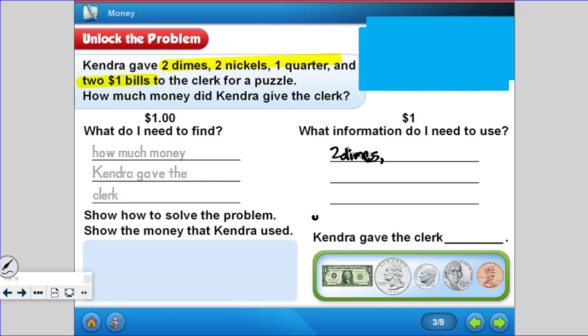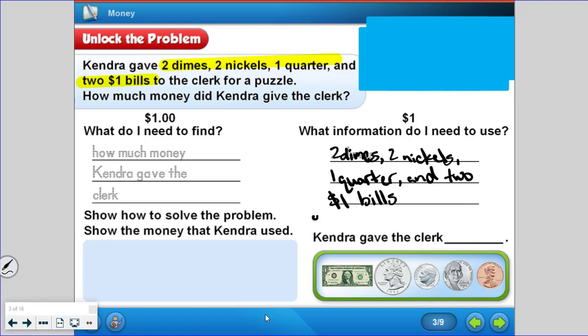Okay, so 2 dimes, comma, 2 nickels, comma, 1 quarter, comma, and 2 $1, so we put our dollar sign, $1 bills. If I went too fast for you, just pause your video and go ahead and copy it down.